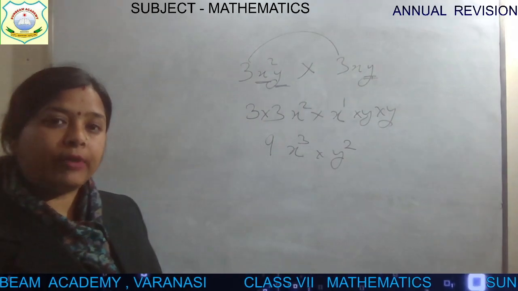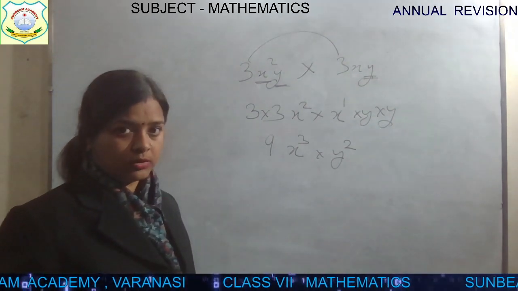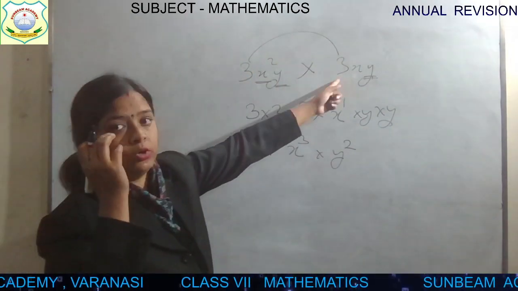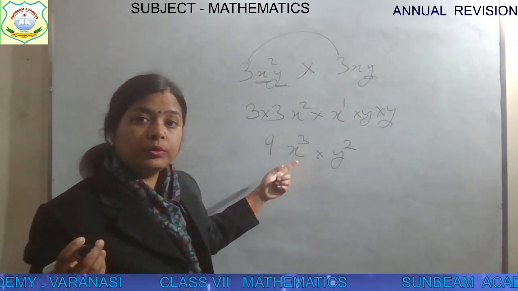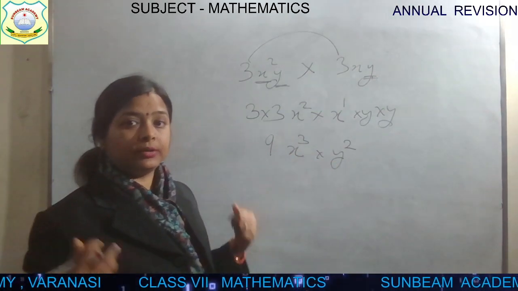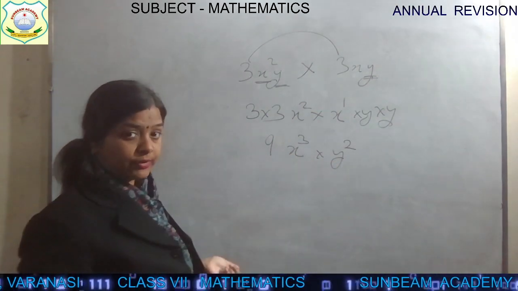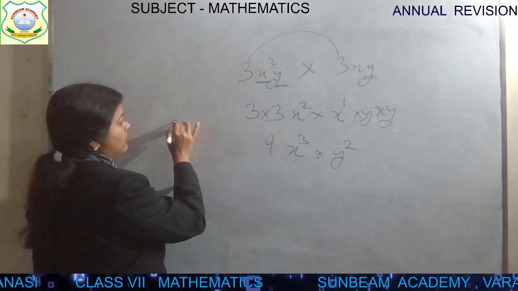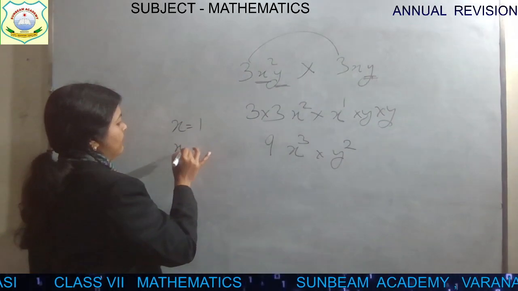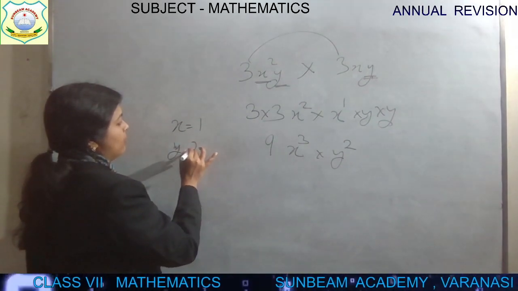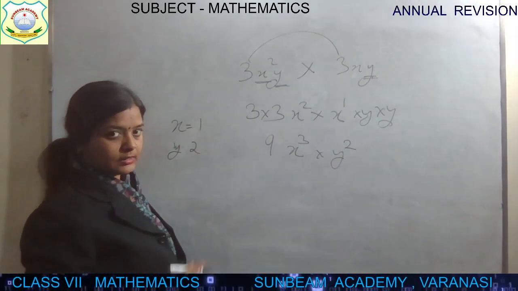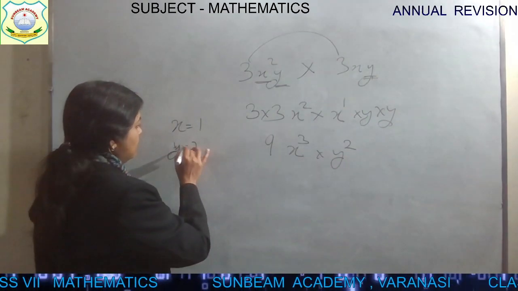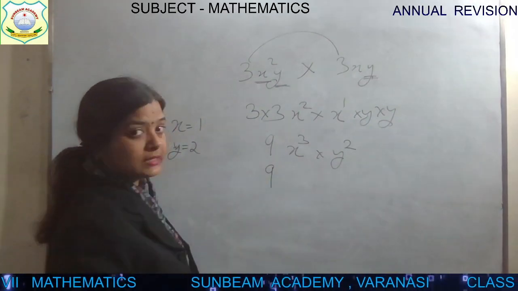Now, sometimes the value of the variable is also given. For example, if in the question it is written, find the product of these two, and then put the value of x and y and find out its answer. So, for example, if the value of x is 1 and the value of y is 2, then what will be the answer? So 9 will remain 9.